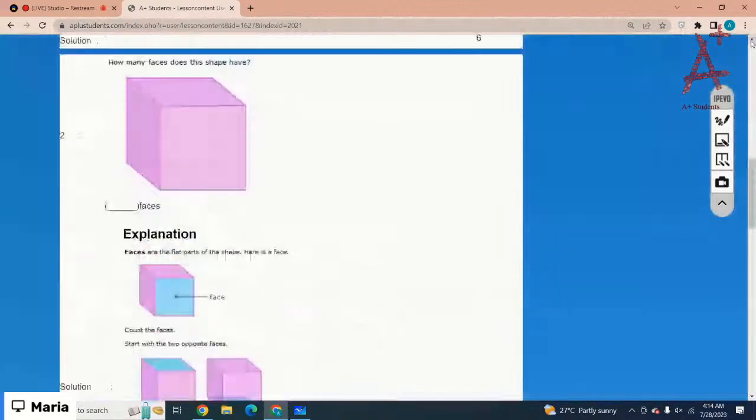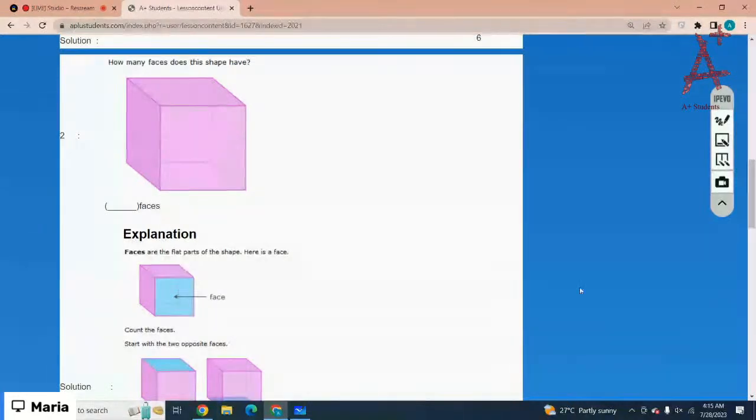Okay, the next one, how many faces does this shape have? The correct option is six, the shape has six faces.